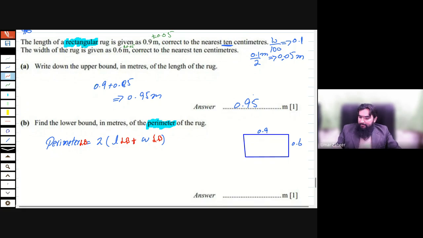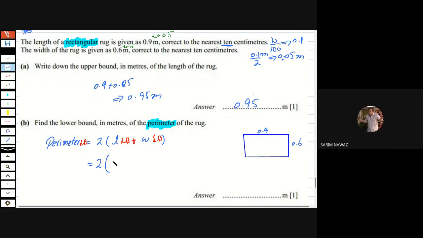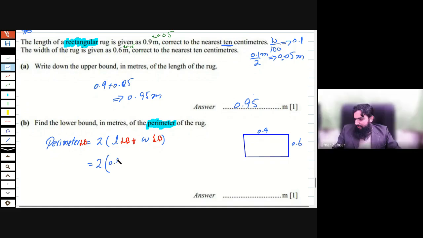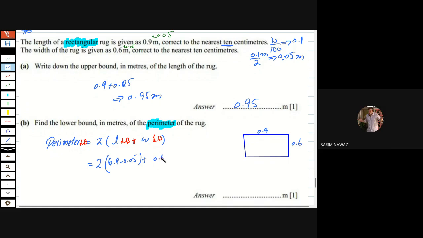What is the lower bound of the length? It is 0.9 minus 0.05, plus the lower bound of the width, which is 0.6 minus 0.05.